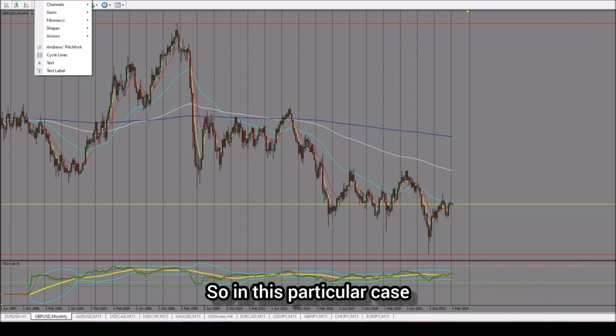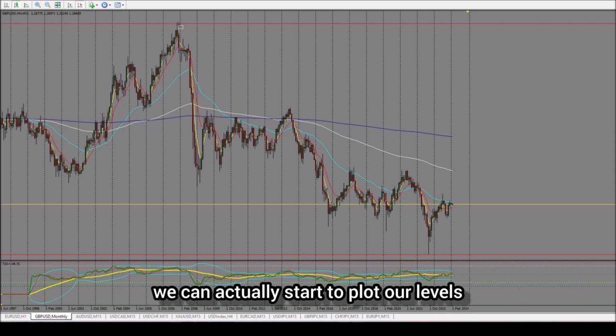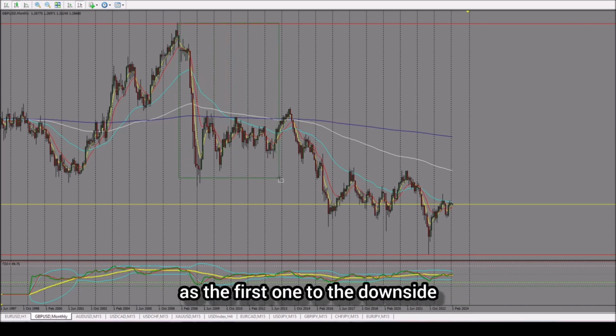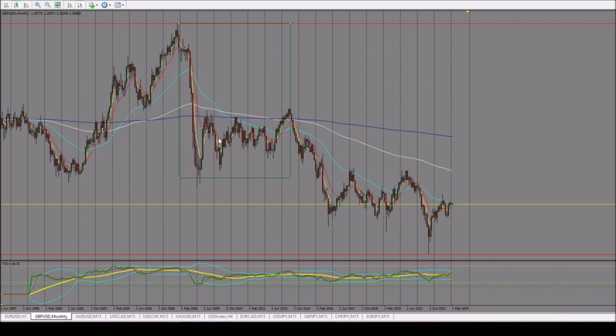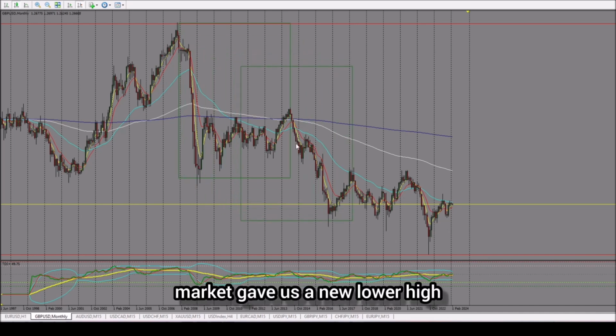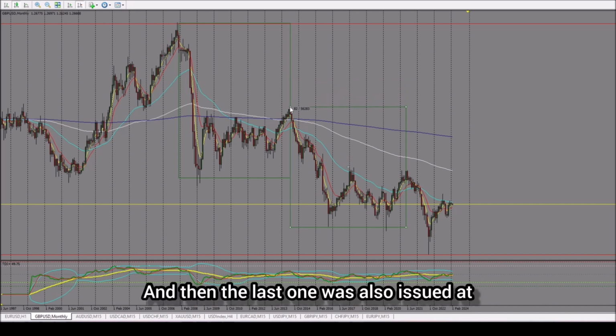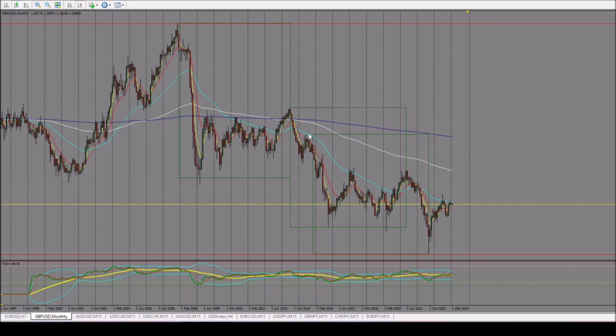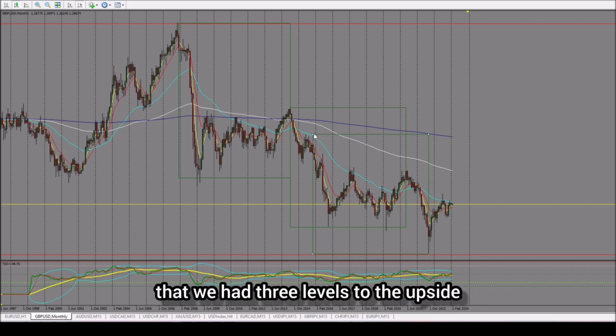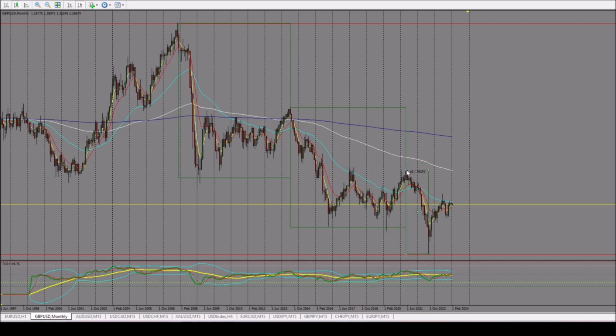So in this particular case, we can start to plot our levels. As the first one to the downside, we can see the first impulse or the first drop, the first rally, creating this first lower high and this first lower low, and then that same market gave us a new lower high and a new lower low like this, and then the last one was also issued at this particular point, so that we can safely say that we had three levels to the downside.